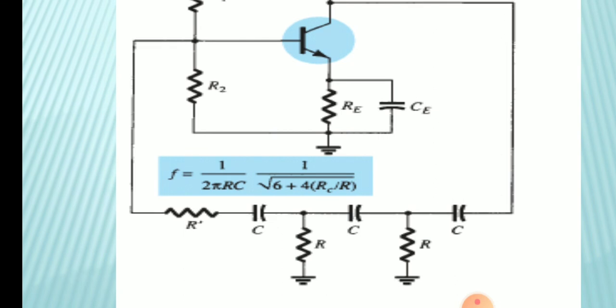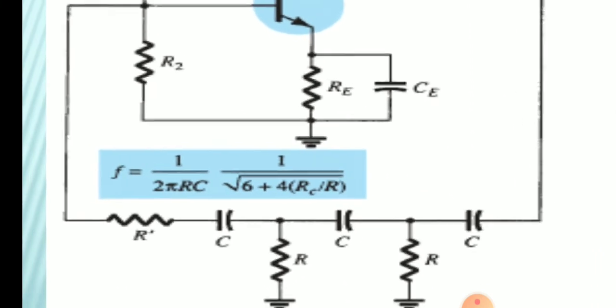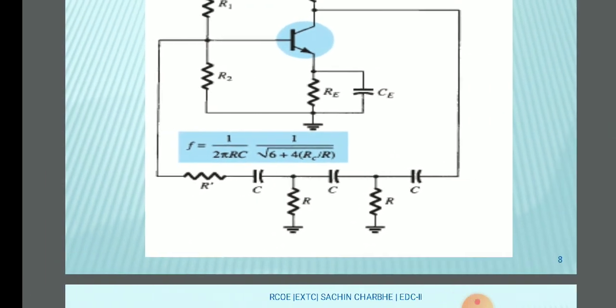Again the frequency is 1 by 2 pi RC into 1 by root of 6 plus 4 RC by R. Then R dash, C, RC and RC form the feedback network.